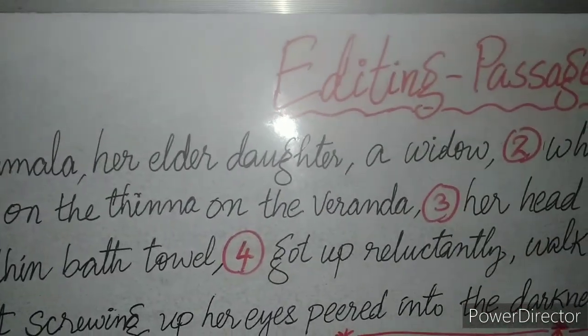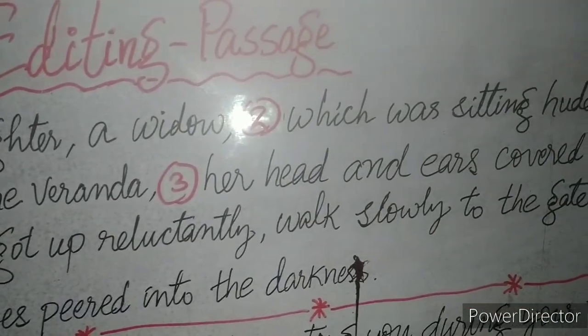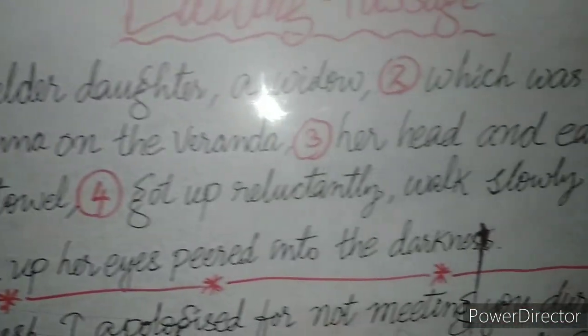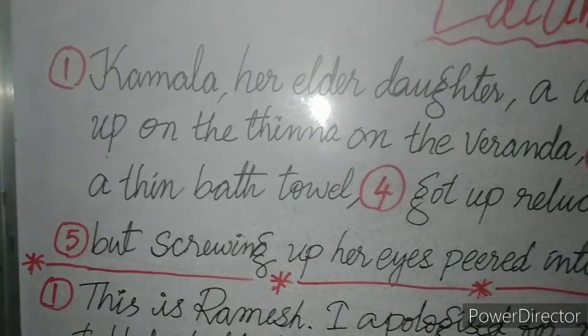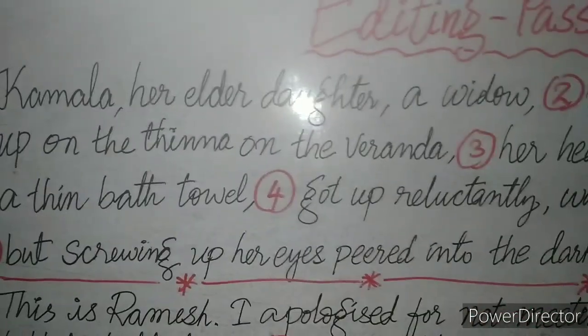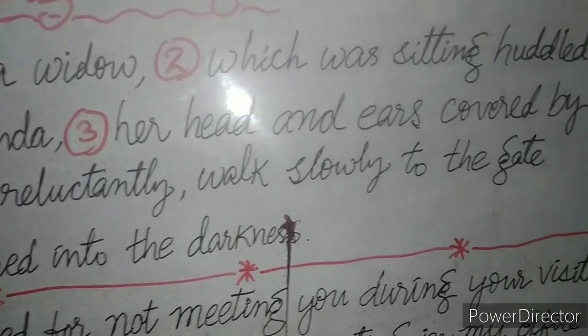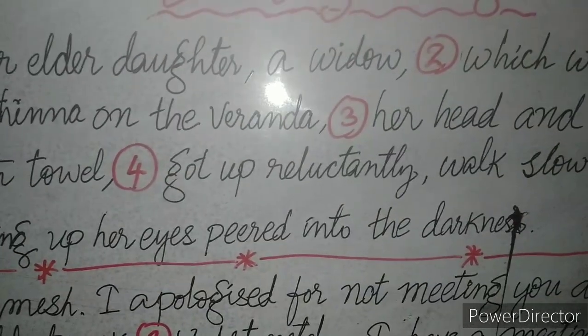Kamala, her elder daughter, a widow, which was sitting huddled up on the thinna on the veranda, her head and ears covered by a thin bath towel, got up reluctantly, walked slowly to the gate, but screwing up her eyes, peered into the darkness.